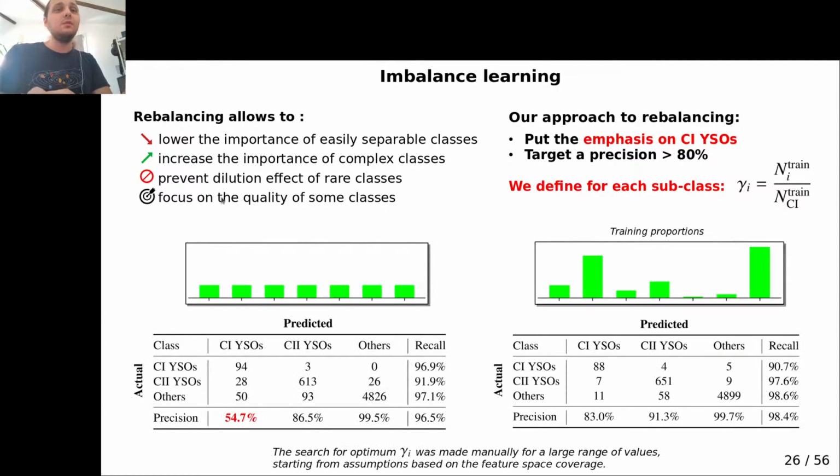It means that when we use balanced proportions, we have a poor precision in our class 1 WISOs, and if we carefully rebalance our training proportions, we can achieve much better results. As you can see, we reach above 80% precision, which was what we aimed at, but it is at the cost of lowering the recall of the class 1 objects.